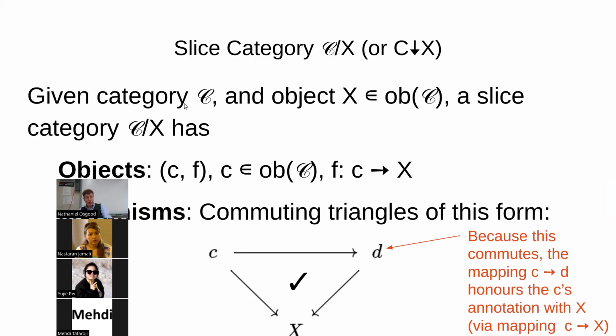In any case, given a category C and an object in that category C, imagine you have some underlying category, say it's Set, and you have a particular object X in that category, a particular set.